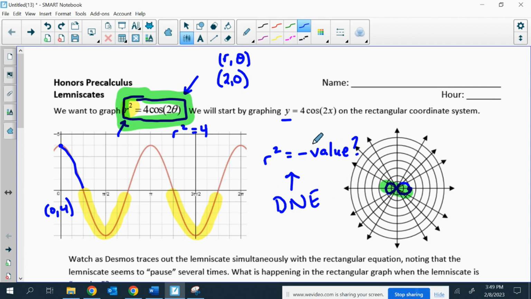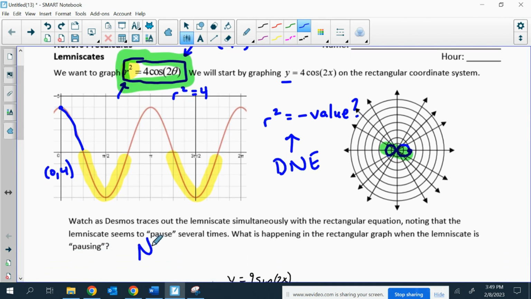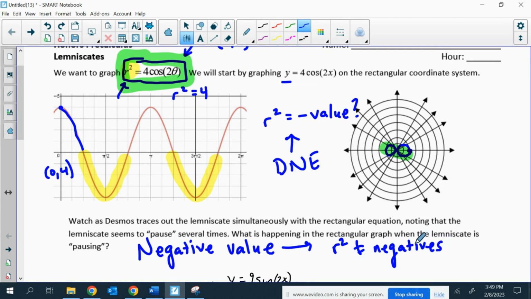So, what's happening in the rectangular graph when the lemniscate is pausing? There's a negative value, which means r squared cannot equal that value. And since that's the case, we have a pause in the polar graph.